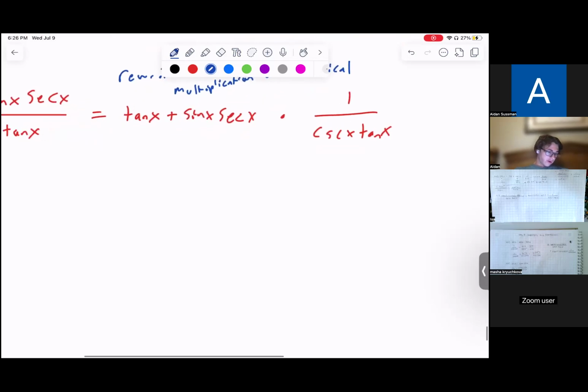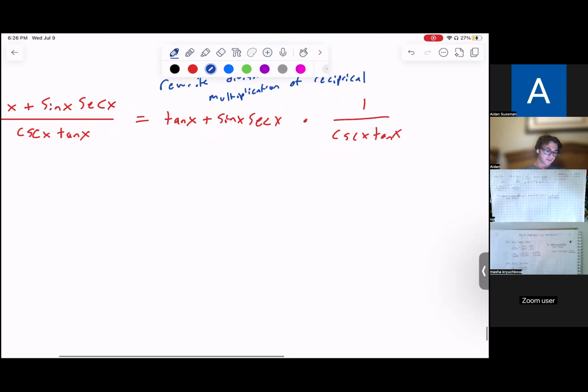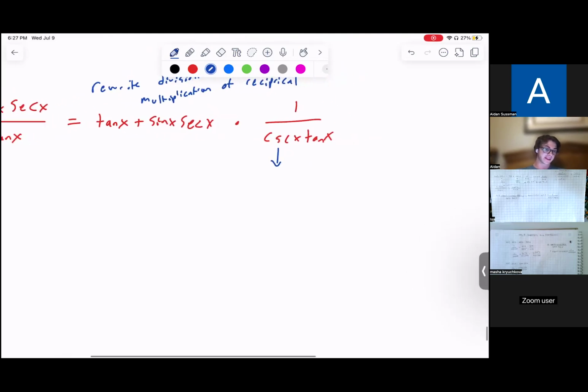All right, so now let's ask maybe Helena, what could I replace here? What things can I change? Maybe the cosecant. For sure do the cosecant. And remember, we want to make everything that's not sine and cosine, if we can, into sine and cosine.